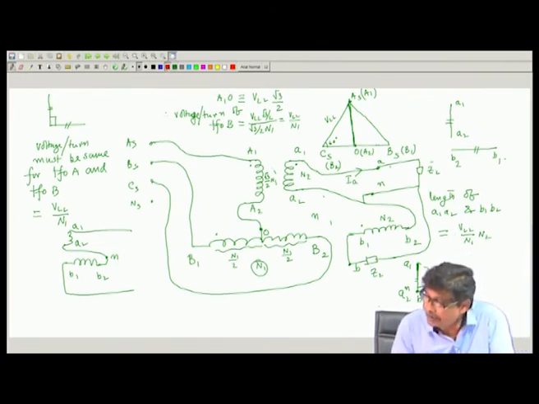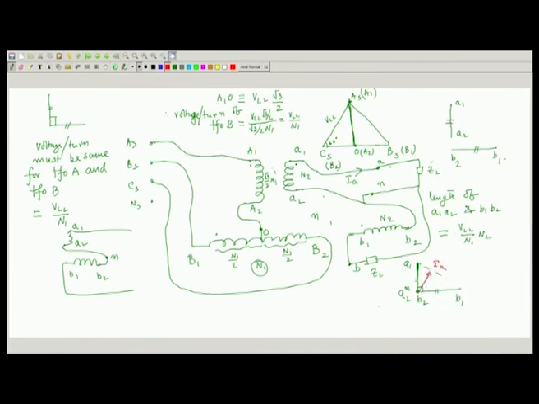So, I A may be there, this is I secondary. What is this angle? It is the power factor angle of the load, the A phase current I A. But the moment it supplies a current, these are transformers, so rules of transformer must be satisfied.